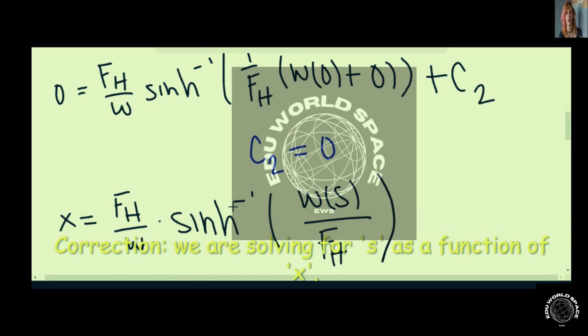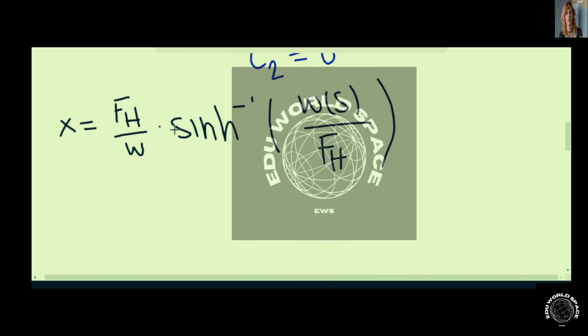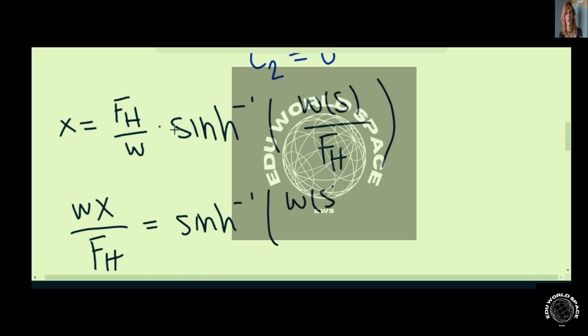So instead of leaving x as a function of s, we want to solve for s as a function of x. So if you solve by first multiplying by w and dividing by F_h, the left-hand side will be w times x over F_h equals the inverse hyperbolic sine of w times s over F_h.